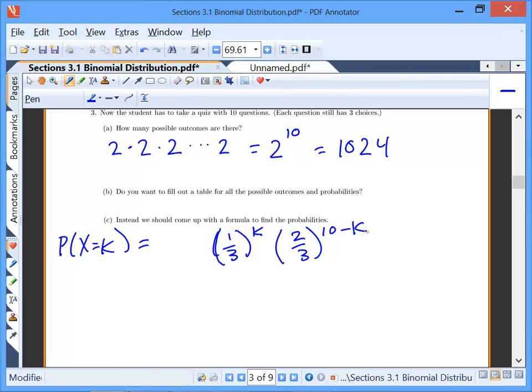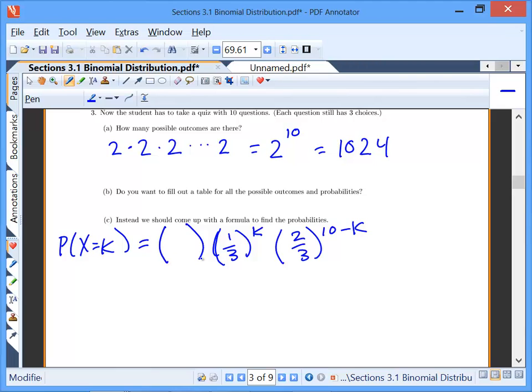The number of ways to get each value. So if k is 5, how many different ways can I get 5 questions correct? I could get right, right, right, right, right, or right, wrong, right, right, right, right, right. So how many ways do we do that? And we learned that we can use what's called the combination.